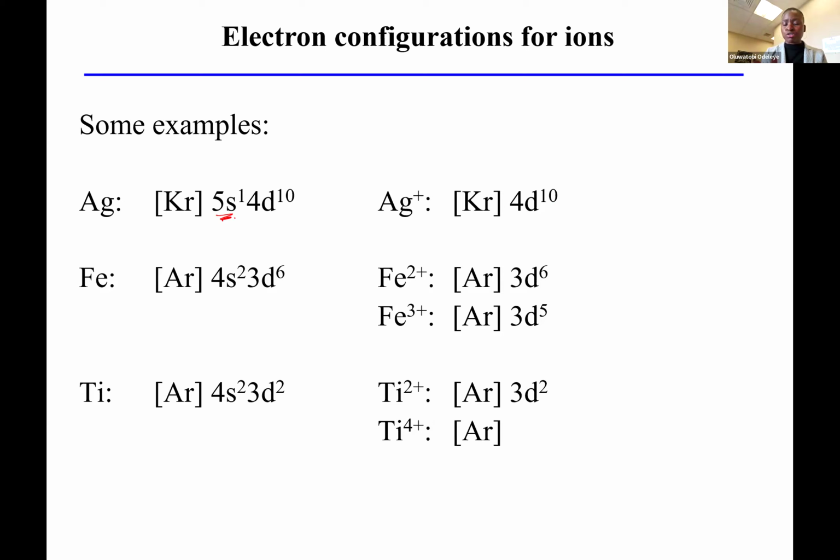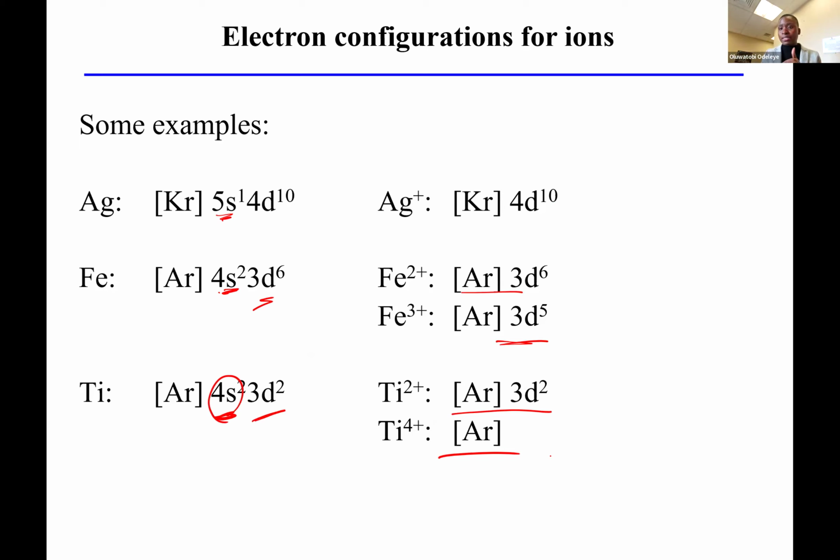Iron, remember, we can form two ions. If I lose one here, I lose two here to give me that, but I could also lose an extra one to form iron 3, and that's why I have that over here. Titanium has two ions, so lose all of that to give you that, or I could also lose that to just have, now I have an argon.